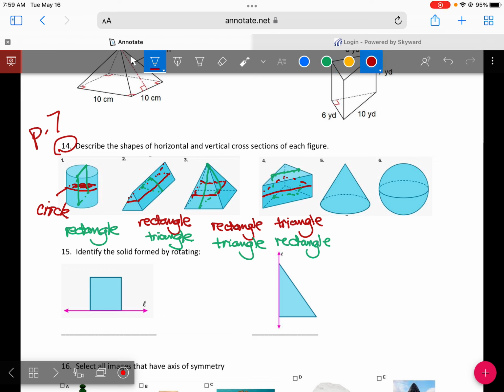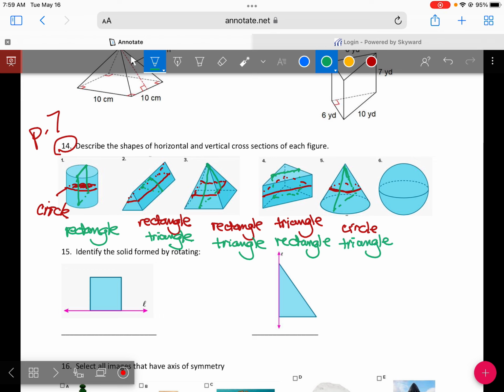If I cut this upside down cone, what's that going to be horizontally? Should be a circle. And from the top, if I go from the apex, triangle.